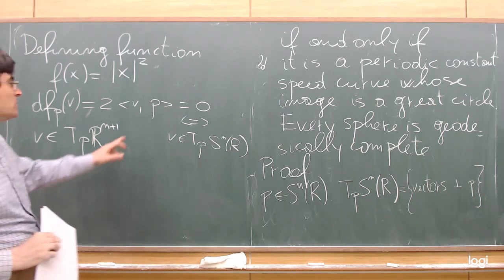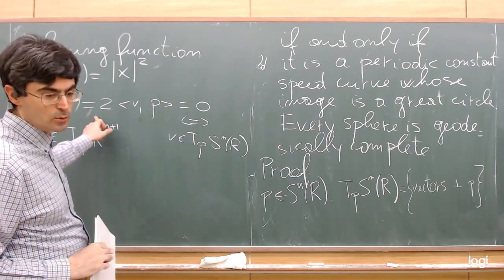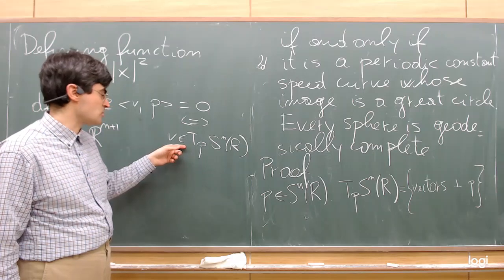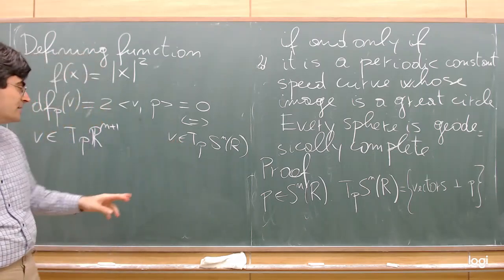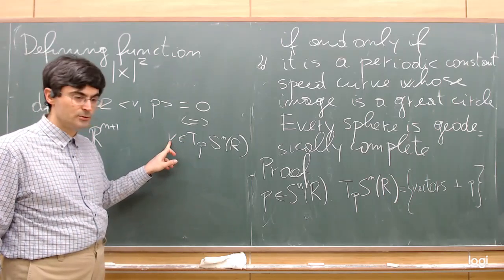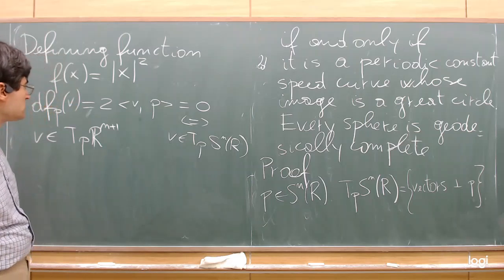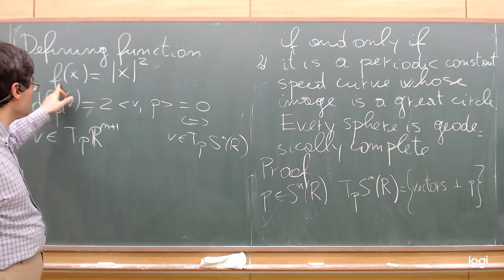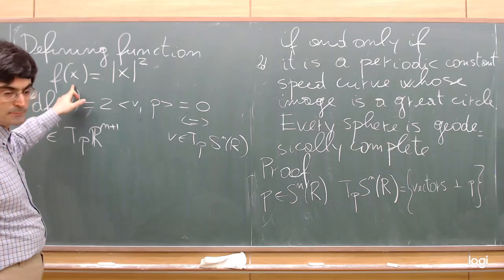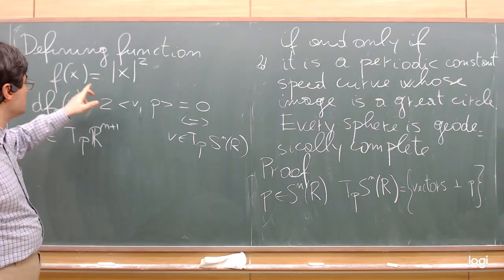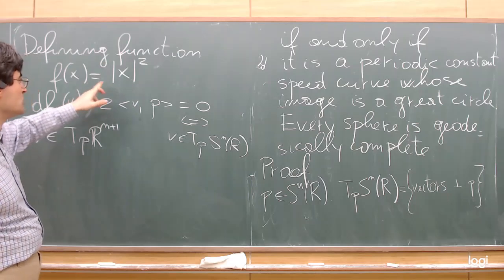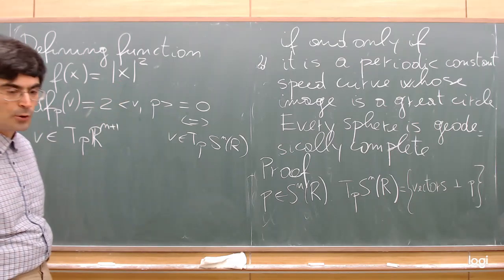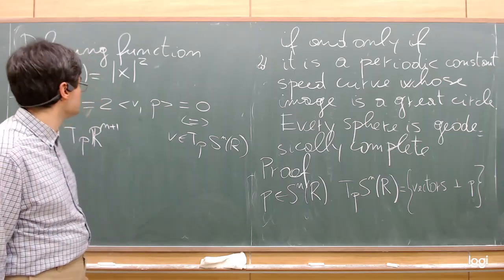If you want to prove this statement, take a generic smooth curve starting at P with initial velocity vector V. Then the composition of f with this curve that I will call gamma is a constant function, because f is constant on a sphere, and I am assuming that the curve lies entirely on the sphere.